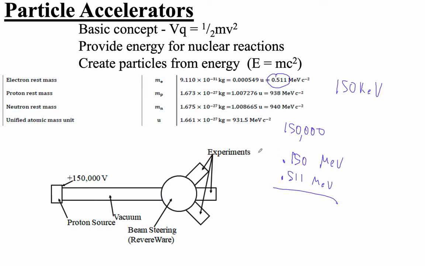So the ordinary electrons at Macalester College, when they had been accelerated through that potential, had a mass of 0.661 MeV, because we added this energy to it. And remember, energy is mass. So a 0.150 MeV electron actually has this much mass.